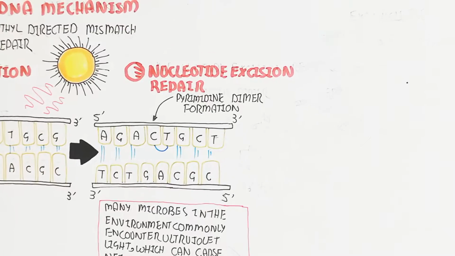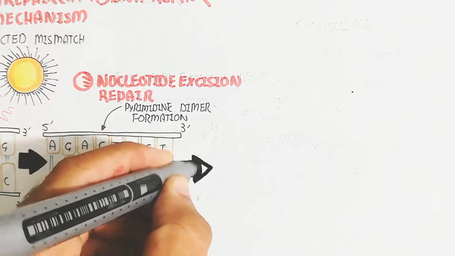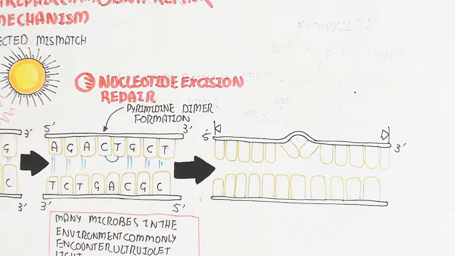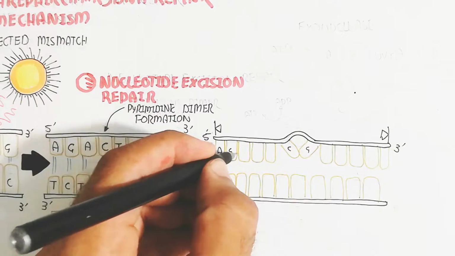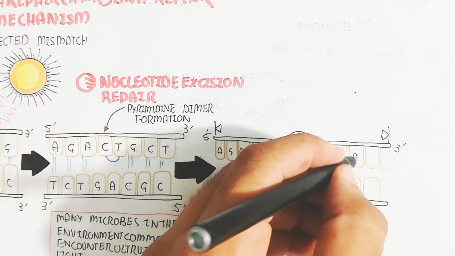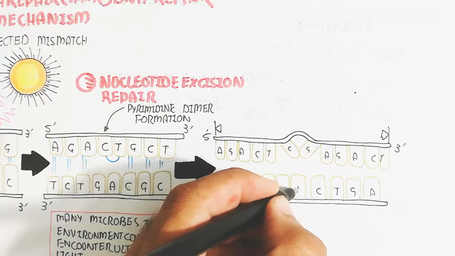Let's begin to understand. Here is the 5 prime to 3 prime and 3 prime to 5 prime anti-parallel strand containing adenine, thymine, guanine and cytosine.